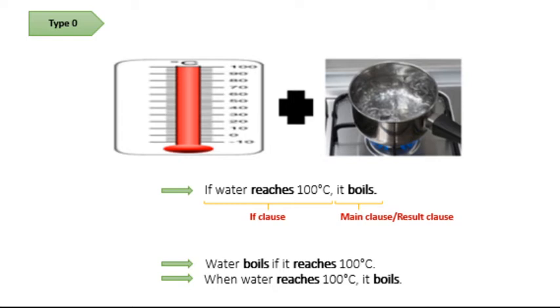Because it's actually the result of the condition we have in the conditional sentence. Okay, so now I have another question. When we say if water reaches 100 degrees Celsius, it boils, is this scientific? Does it always happen? I mean, is it 100% true? The answer is yes, it's scientific and it's always true.